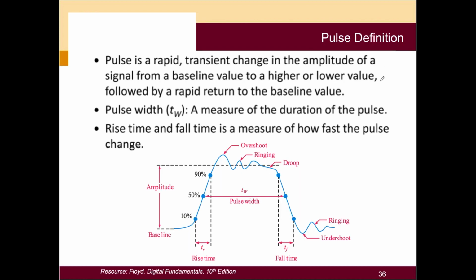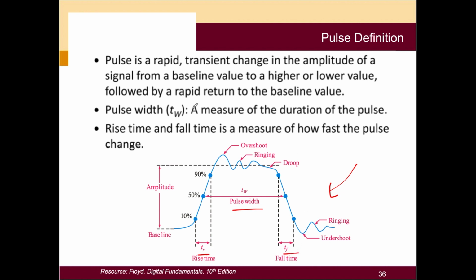So over here you talk about the pulse, but what is a pulse? A pulse is a rapid, transient change in the amplitude. So over here, in this signal you have the pulse width, and then of course you have the amplitude, and then you have the rise time and fall time.